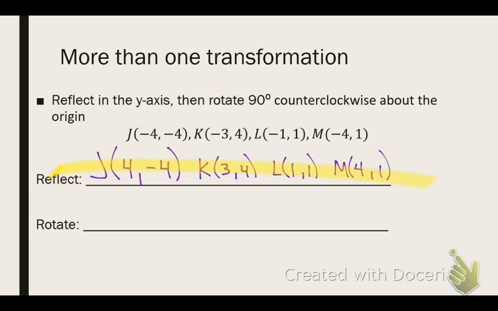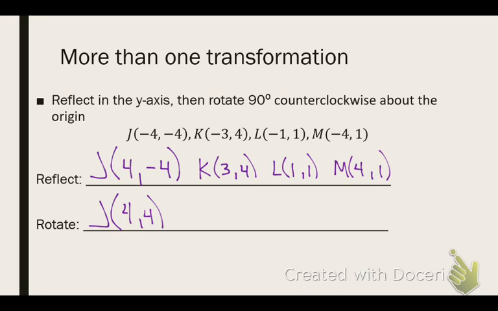So use those ordered pairs now to rotate. 90 degrees counterclockwise, I flip that ordered pair and do the opposite of what? Y. So now it becomes 4, 4. Okay? Because I flip it and do the opposite of Y.